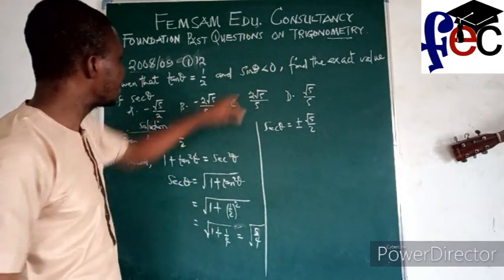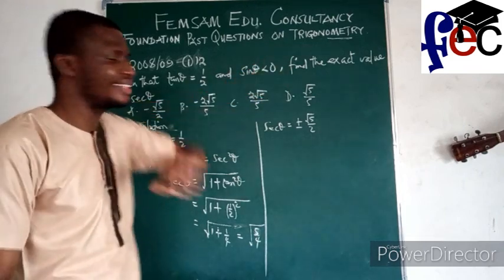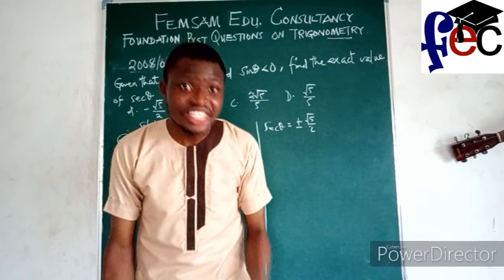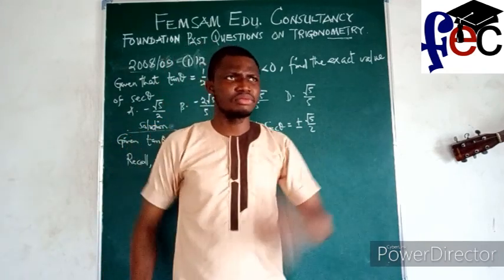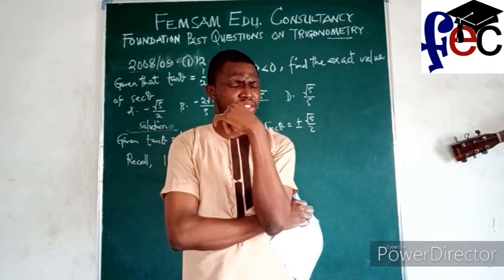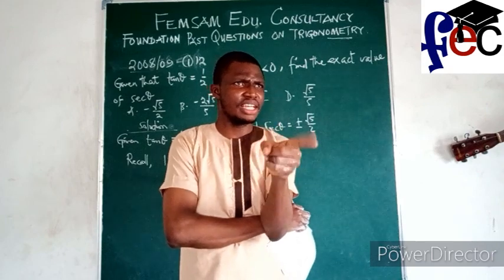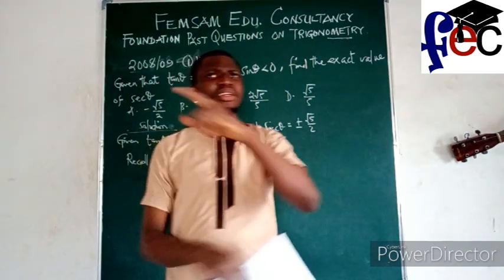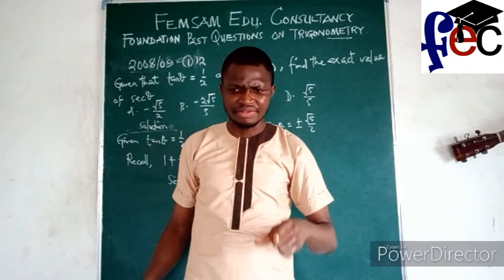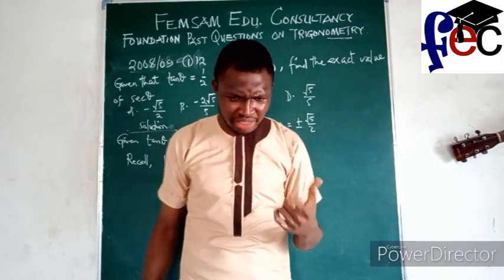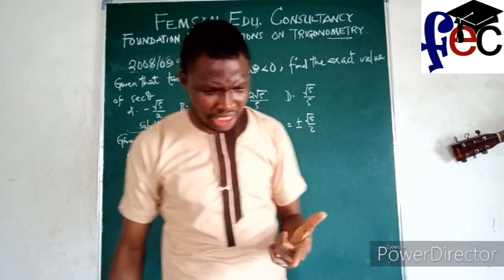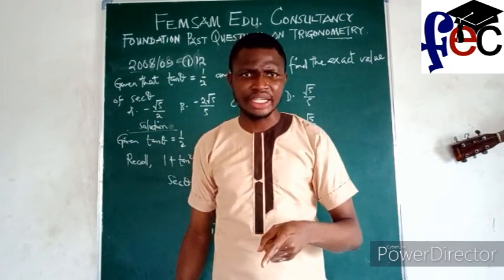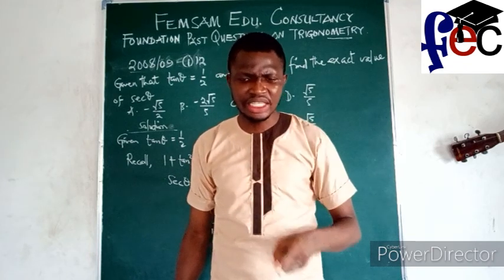Okay, now they give us sine theta is less than 0. What does that mean? Any value less than 0 is a negative value. It means that sine theta is negative. That's the meaning of sine theta less than 0. It means theta must lie in a particular quadrant for sine of theta to be negative.